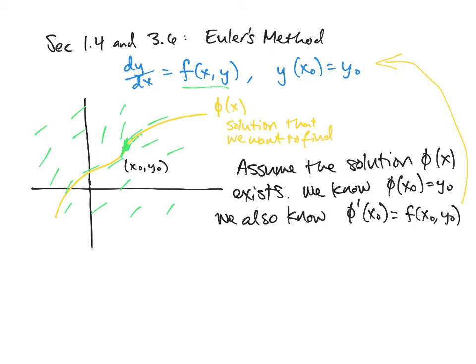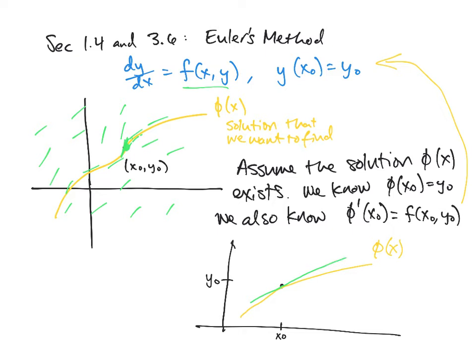So let's zoom in on our graph a little bit here. Okay, so we've got our x naught, y naught, and then we have our phi, and if we know the derivative of phi, then we can figure out the equation of this tangent line.